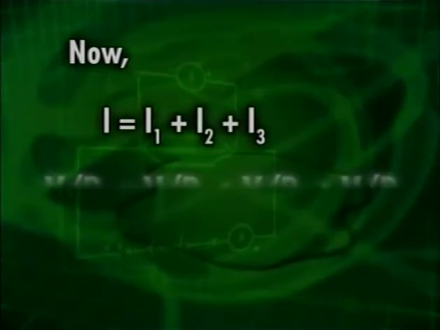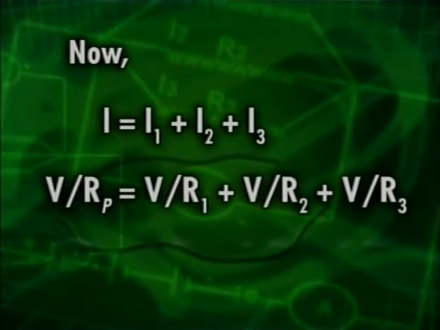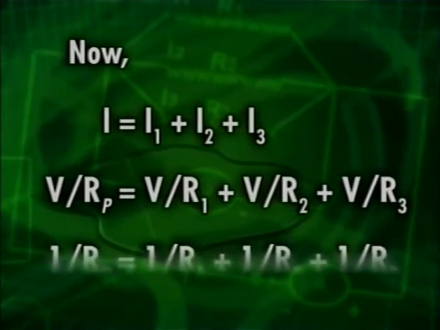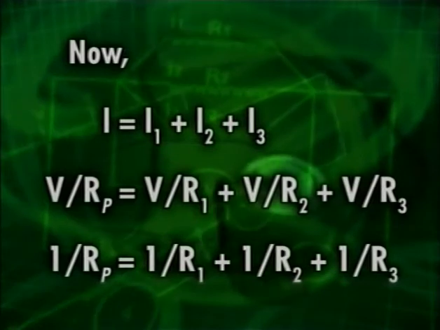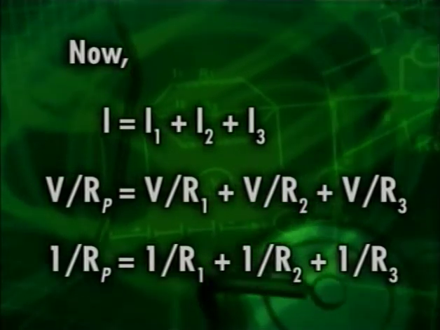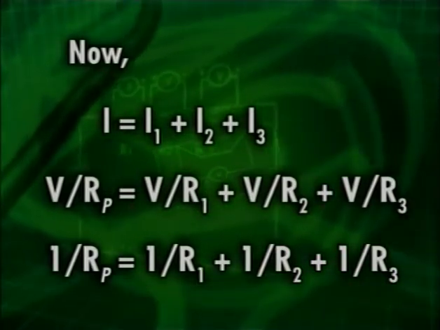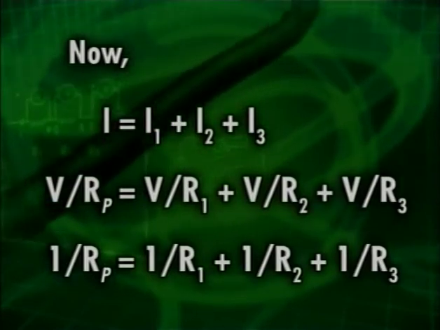Now, I is equal to I1 plus I2 plus I3. On substituting values, we get V upon Rp is equal to V upon R1 plus V upon R2 plus V upon R3, or 1 upon Rp is equal to 1 upon R1 plus 1 upon R2 plus 1 upon R3.